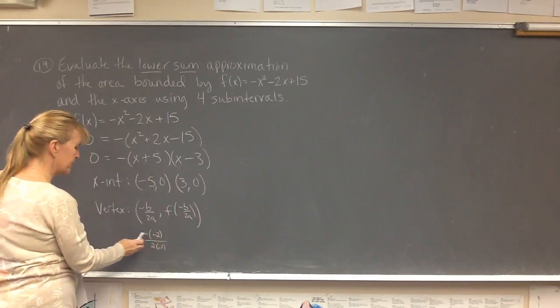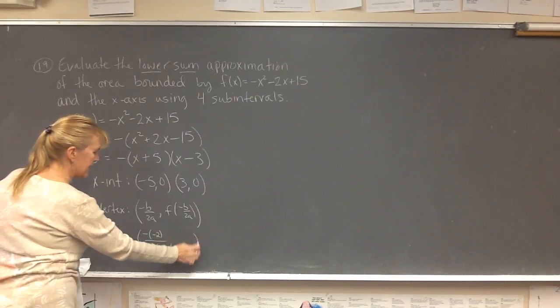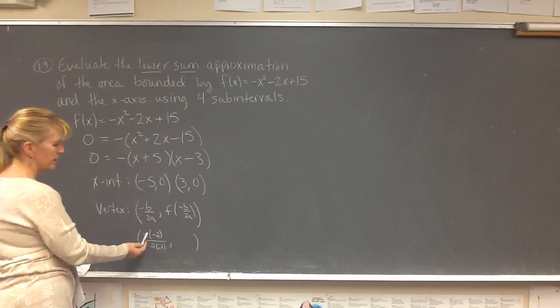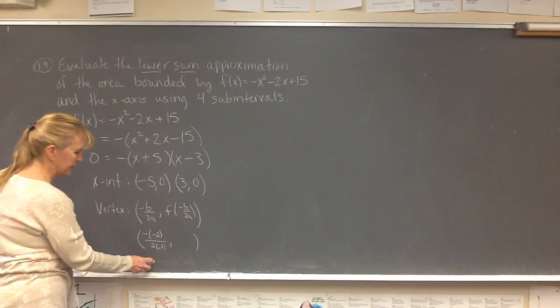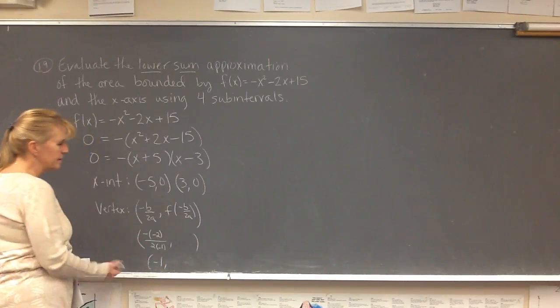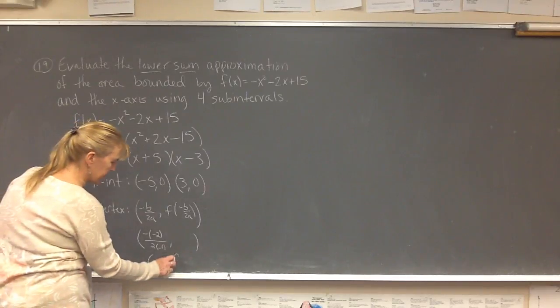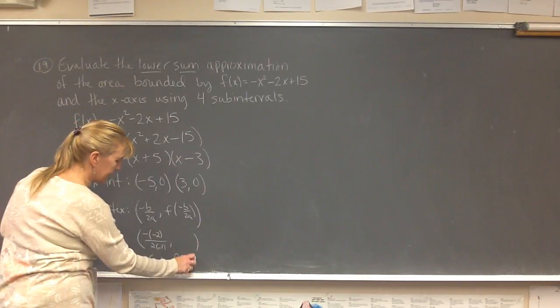A negative of negative 2 gives me 2, over negative 2 gives me negative 1, comma, something.